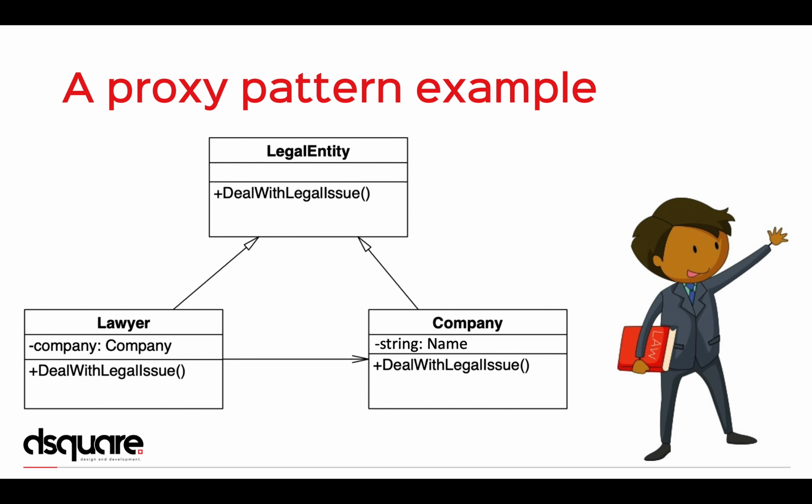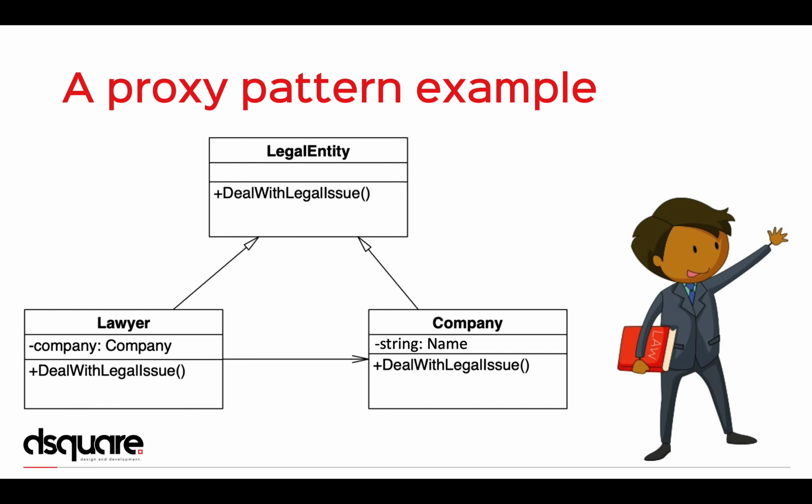So the lawyer, with regards to legal issues, could be considered a proxy for the company. So whenever someone wants to perform any kind of legal issue with regards to the company, the lawyer would deal with the legal issue and then pass it through to the company.